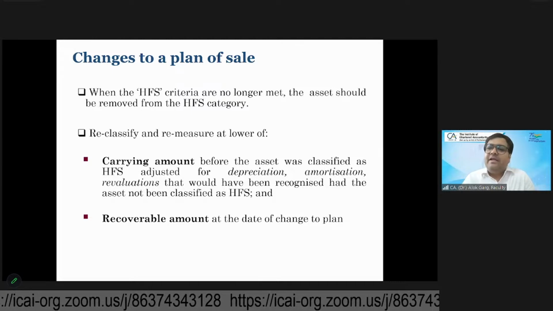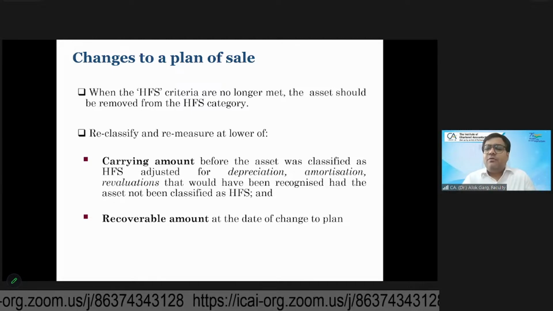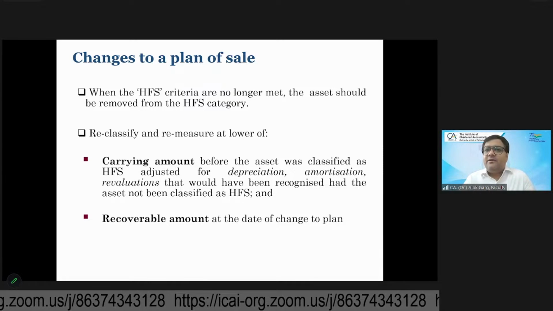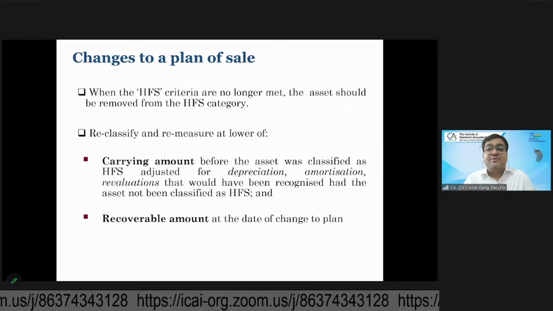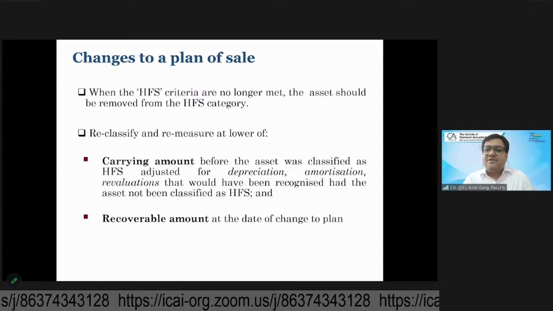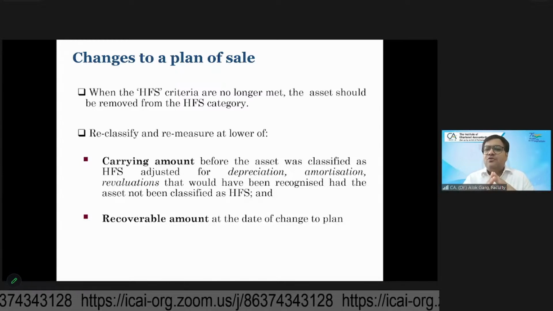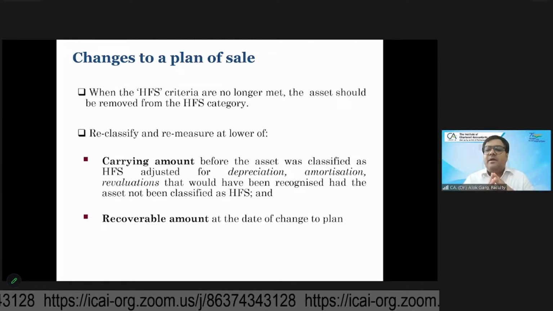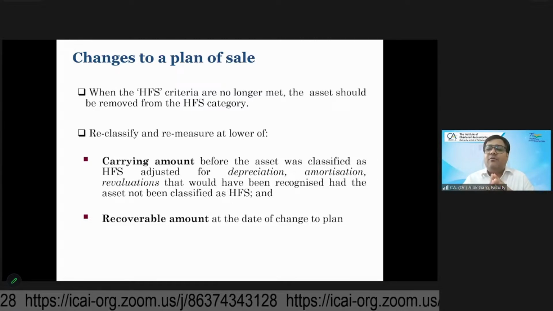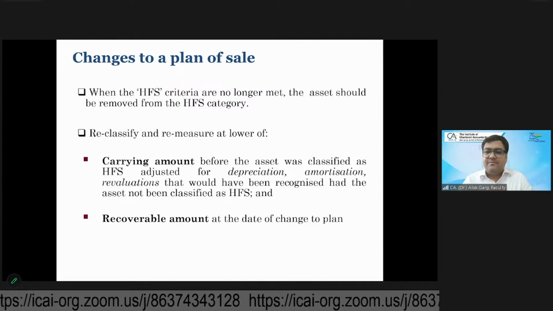And let me give you a real life scenario. You know, COVID came in India and the lockdown started in the month of March 2020. To be precise, it was 23rd March 2020. So there was a factory in Uttar Pradesh, UP, and the company had two factories for manufacturing of sanitizers.